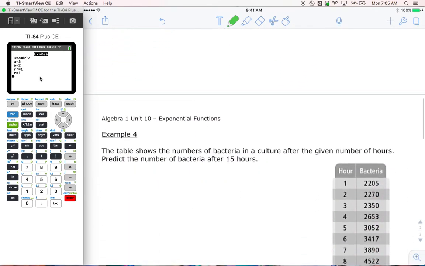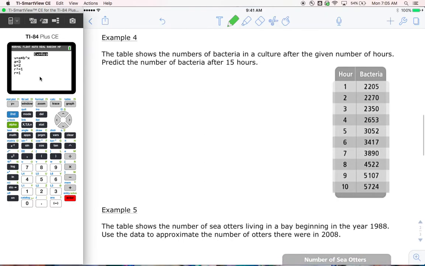Okay, so let's see this actually applied in a couple of easy ways. We're going to type this next table into STAT, EDIT, and this is a lot of calculator work today, but trust me, the more comfortable you are with this, the easier this stuff will be. Okay, so I'm typing in my x values, and now I have to type in my y values.